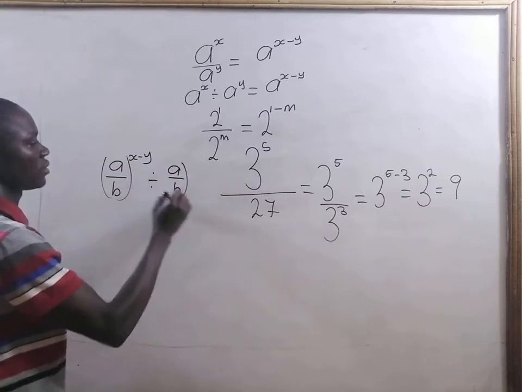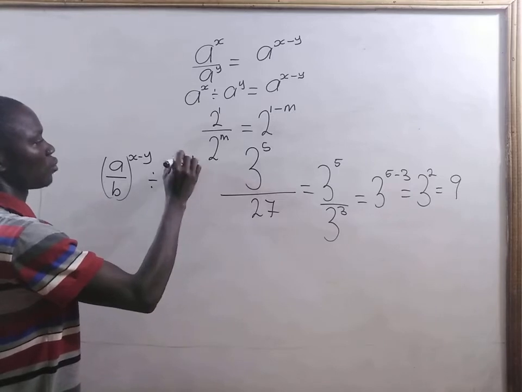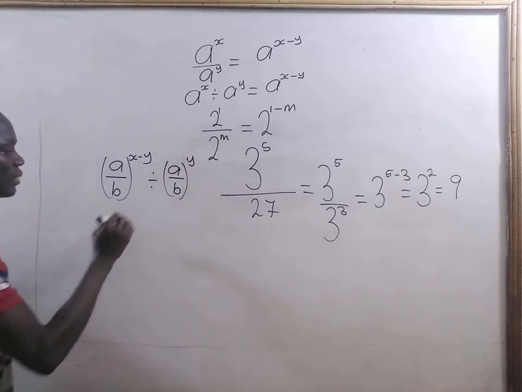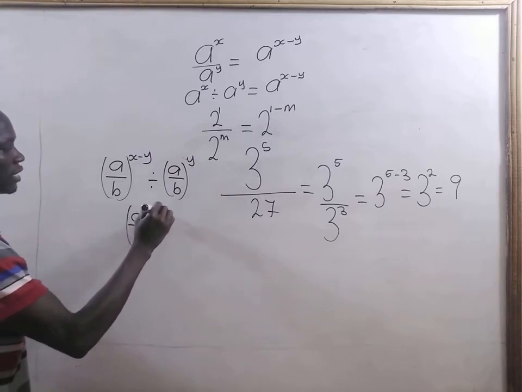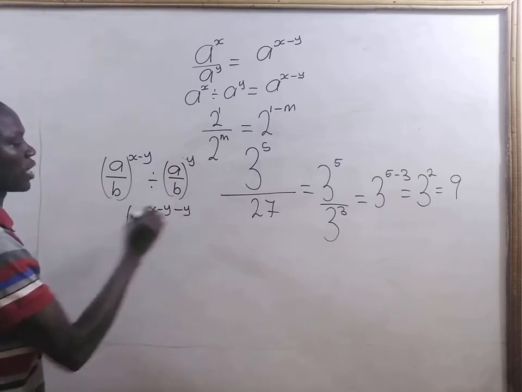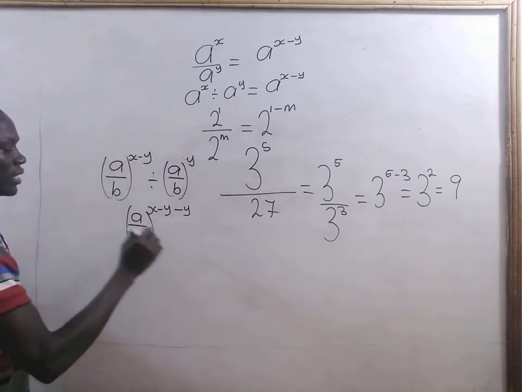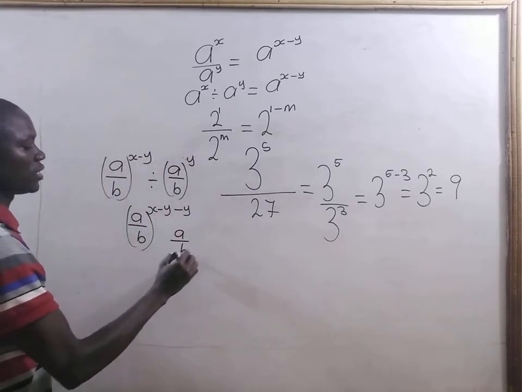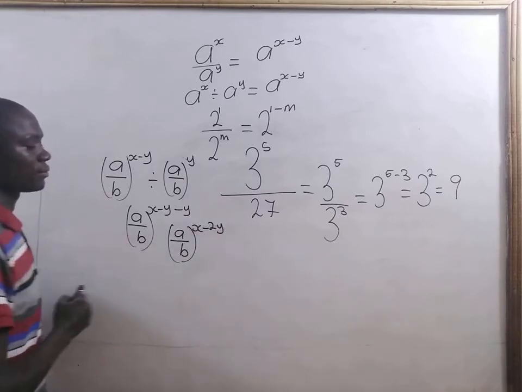Now, if I have a on b to the power x minus y divided by a on b to the power y, then I'm going to get a on b to the power x minus y minus y. Because you subtract this power from this power, and that will give me a on b to the power x minus 2y.